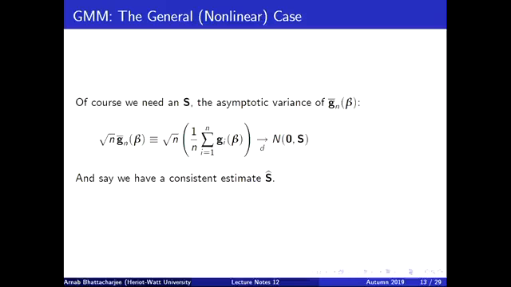So we need an S. And what are we going to do? Well, S is simply going to be the asymptotic covariance matrix of our moment equations. And let us say we somehow have a consistent estimator of this, which we call S hat.